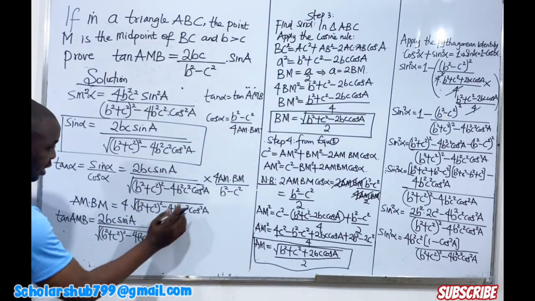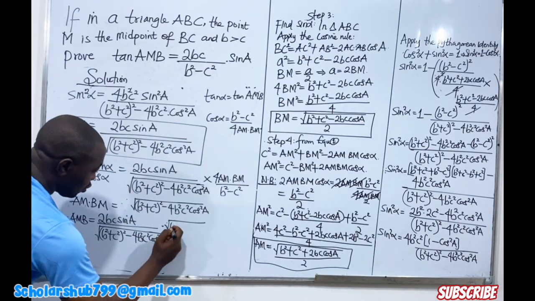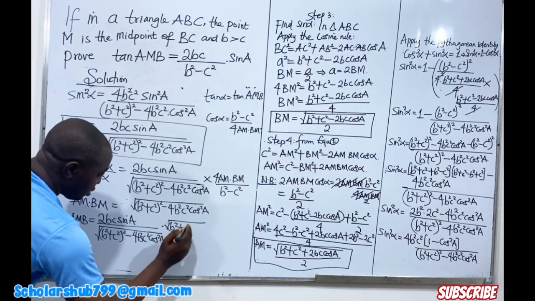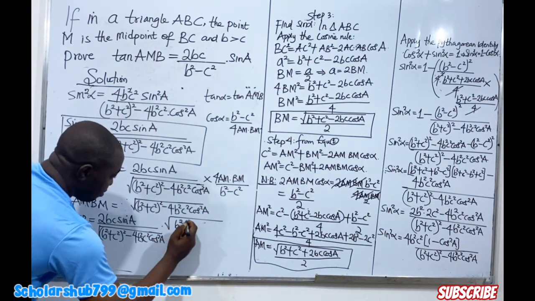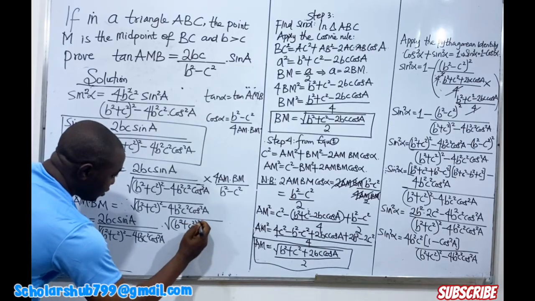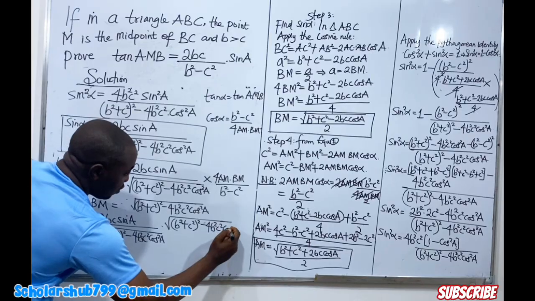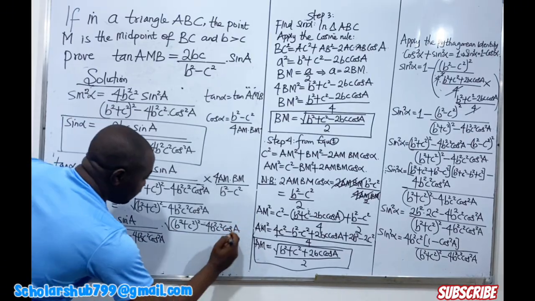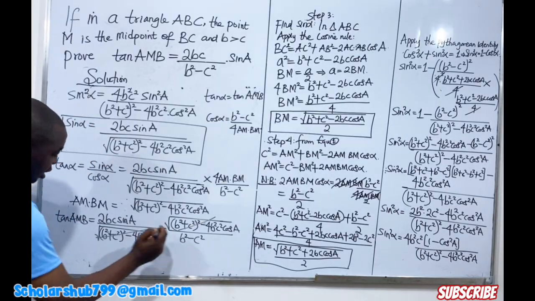So that will be multiplied by the square root of b squared plus c squared raised to the power of 2 minus 4b squared c squared cos A divided by b squared minus c squared. So this will cancel this.